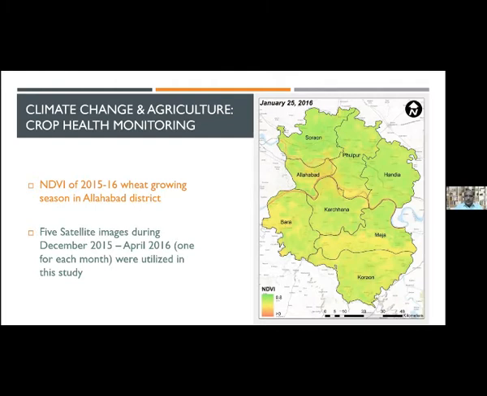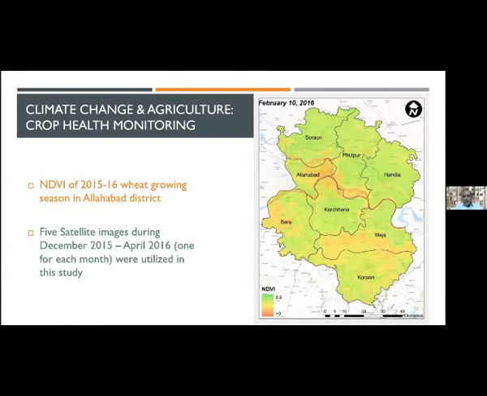Okay, and you can see by the colors, green color is vegetation and yellow and brown is when there is some problem or the vegetation is drying off. So it starts from December. Okay, it's a little bit yellowish. Then as the season progresses, it becomes greener, greener, greener. And I believe in March and April, it becomes brown on the brown side.